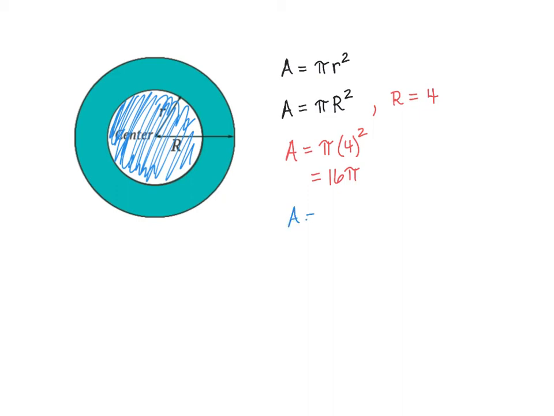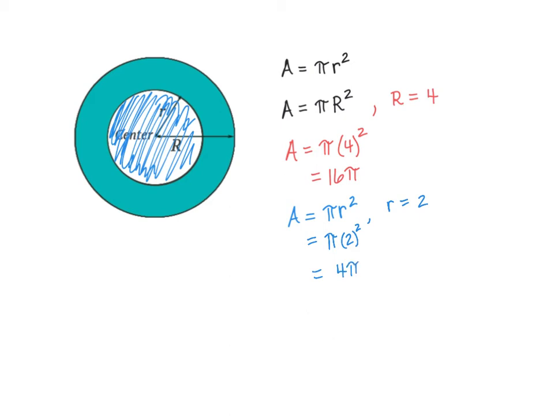I'm going to say area equals, but now just to be clear that it's the smaller circle, I'm going to use a lowercase r. So that area is going to be pi times little r squared, and I'm going to let little r just be 2. So I have pi times 2 squared, and of course 2 squared is just 4, so I'm just going to have 4 pi here.